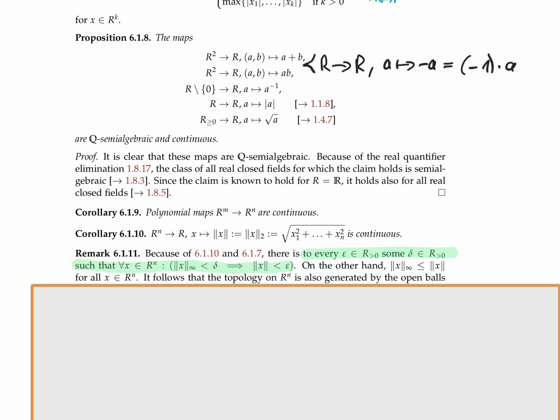On the other hand, I know that the infinity norm of x is less than or equal to the norm of x for all x in R^n. That's easy to show.